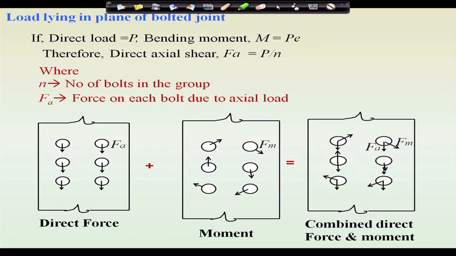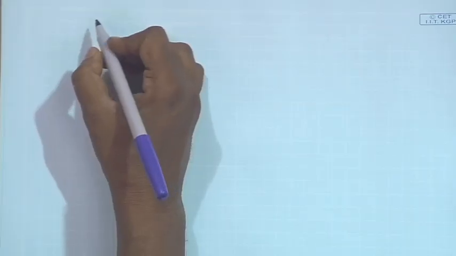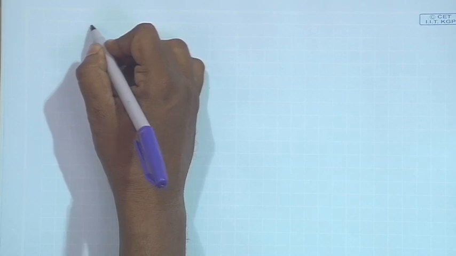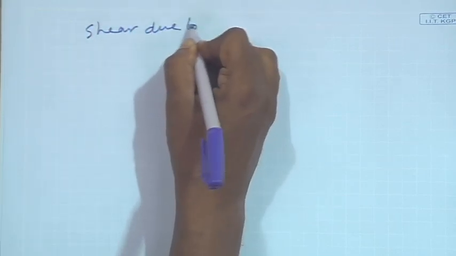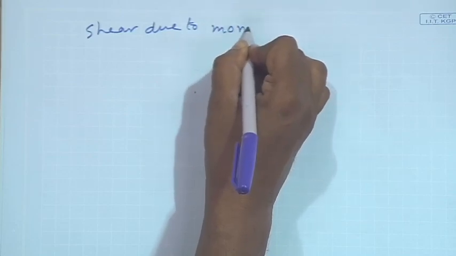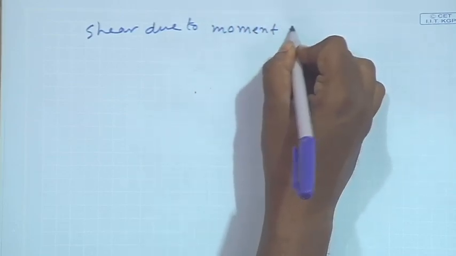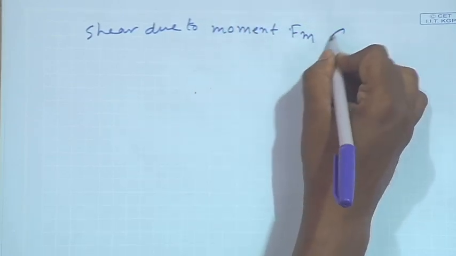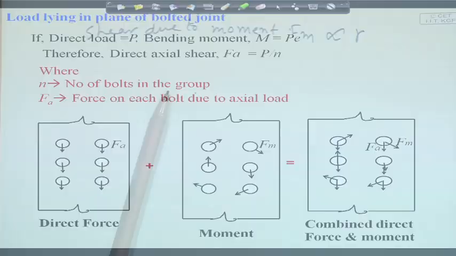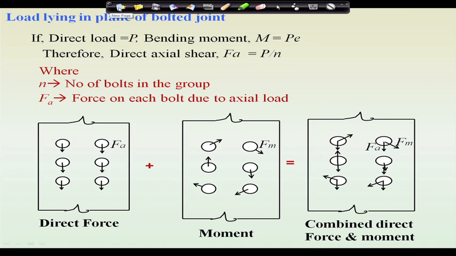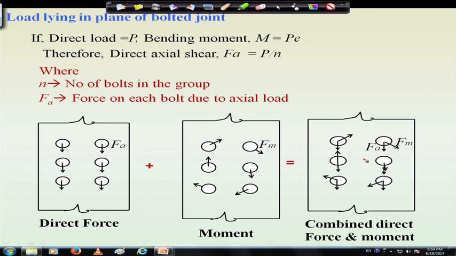So, from this we can find out the shear due to moment, that will be Fm, which varies with r, because in this case the moment will be more if the distance is more.